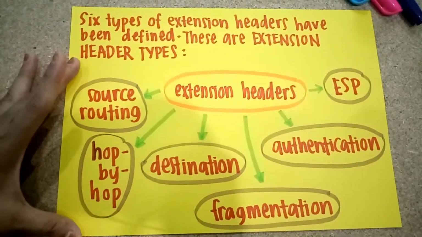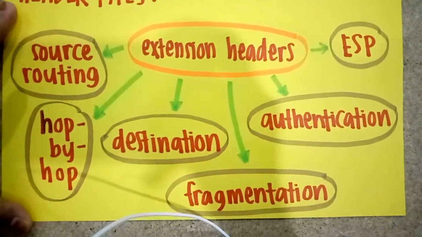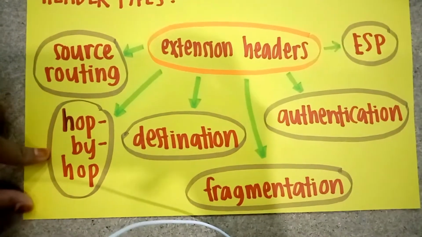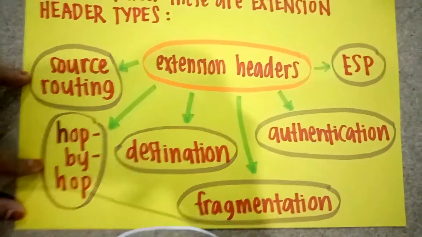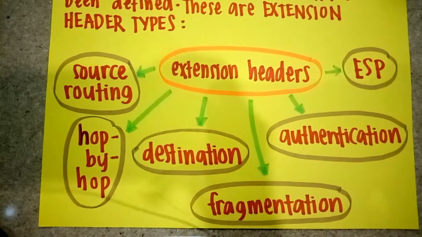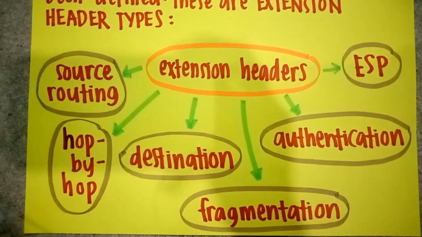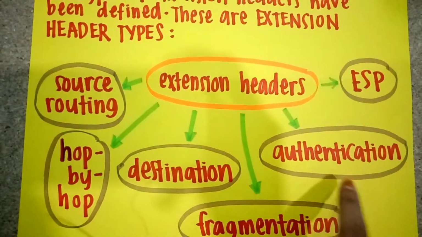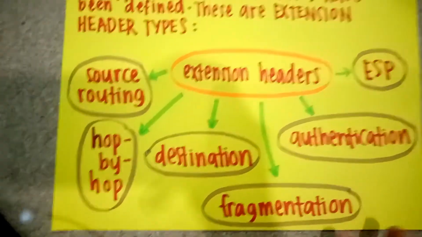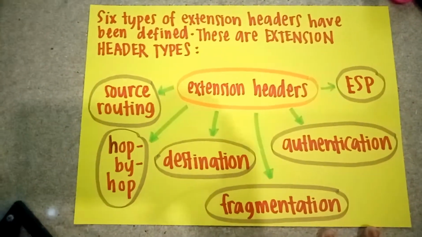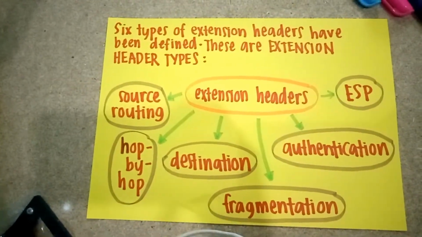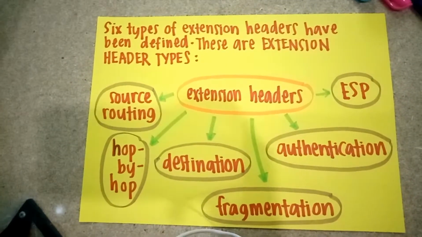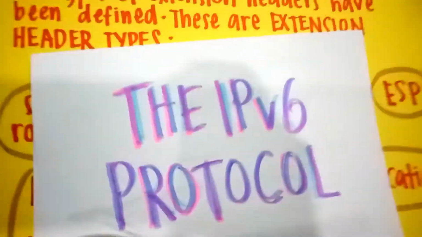Like you can see, first is source routing, second is hop by hop, third is destination, then fragmentation, authentication, and then ESP. So this is all for the IPv6 protocol.